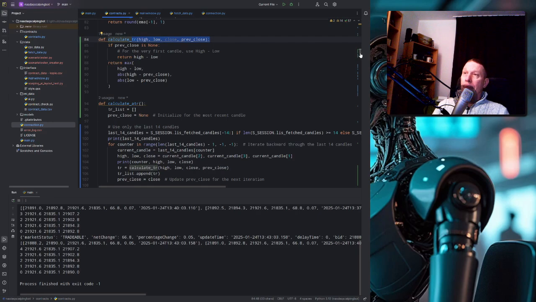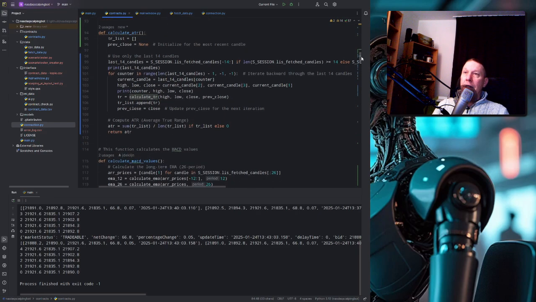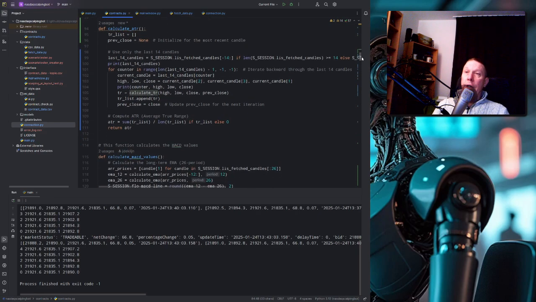But this was not the solution to the problem, because for calculating the TR per candle, that's the problem we have. We don't have a TR per candle. We still need the high and the low from the API.